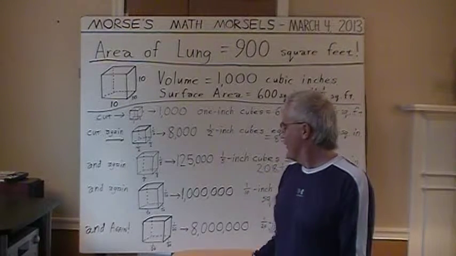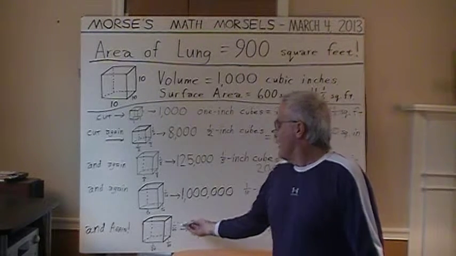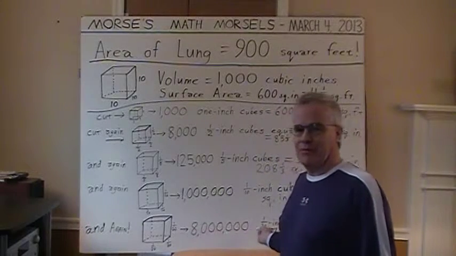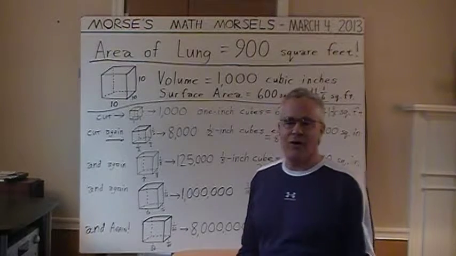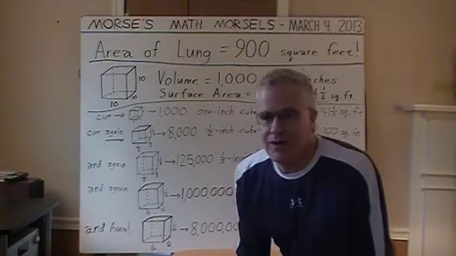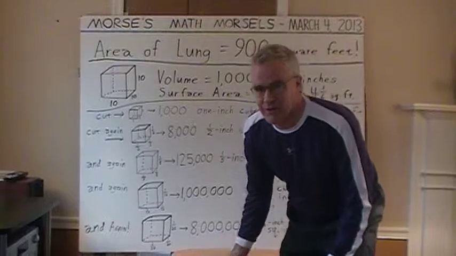So, given enough cubes, millions and millions of them, even though each by itself is a tiny surface area, all those millions add up to a lot of space, a lot of spreading out.